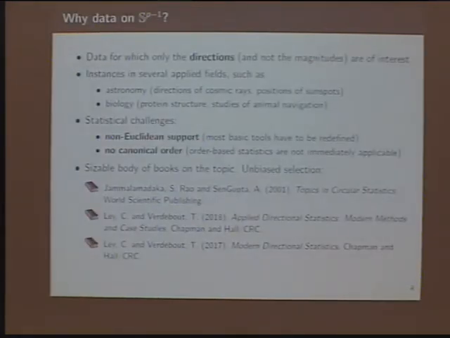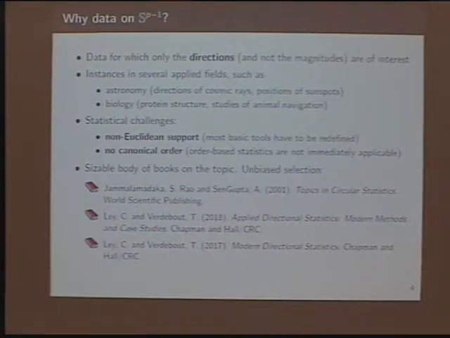All right, very well. So then let's go with the context. So why considering data in the hypersphere, right? So basically this kind of data arises the moment that you are interested in directions and not in the magnitudes when you're dealing with multivariate data. There are several domains of application, for example, in astronomy and in biology.